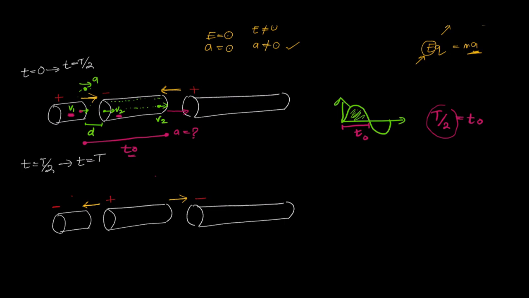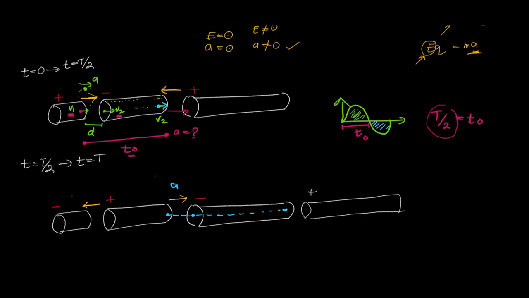When this particle is about to leave the second tube, the polarities will reverse. So when the particle is over here, the polarities reverse. So now this particle again undergoes an acceleration, and the next tube, the fourth tube, will be at a positive potential.